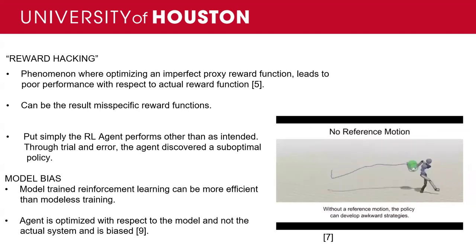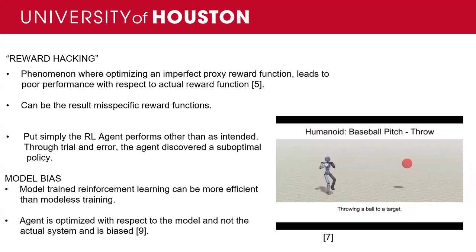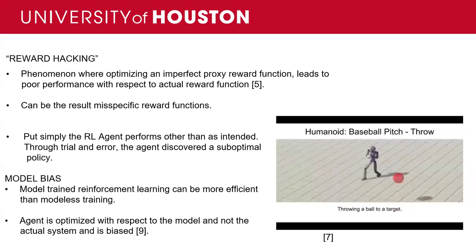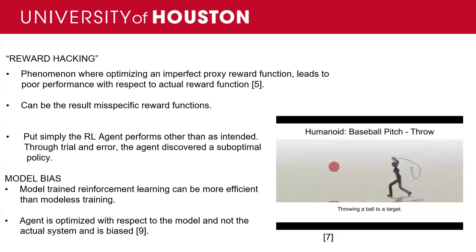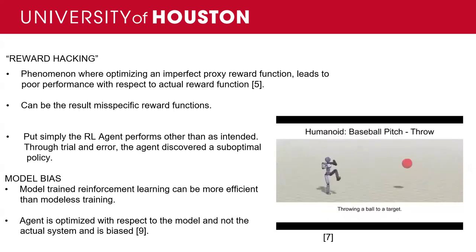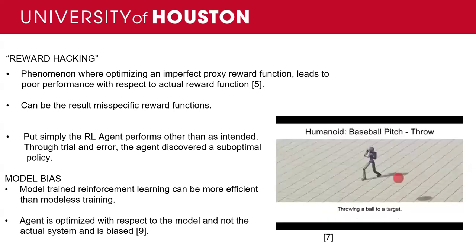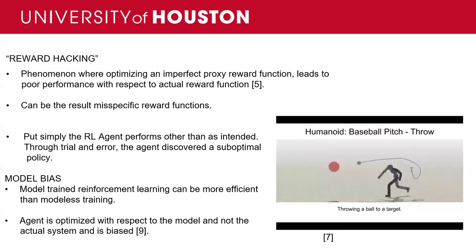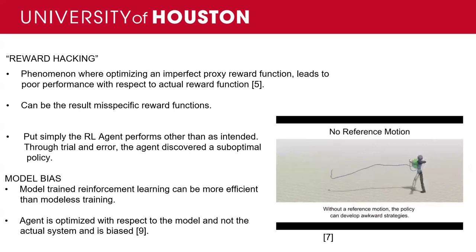If you're training RL agents on a model, if the model's close enough or your RL agents are flexible enough, there are few issues when you move on to the actual real world system. But again, you do have an agent that is optimized with respect to the model and not the actual system.